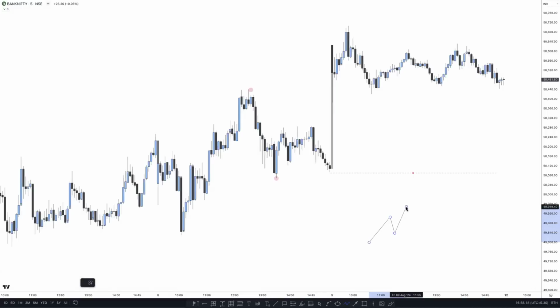If market momentum is bullish like this one, don't buy here. Once the market has taken out the previous low, then we can look for the buy. You will get a better trade like here, right here. So this is a very simple thing.